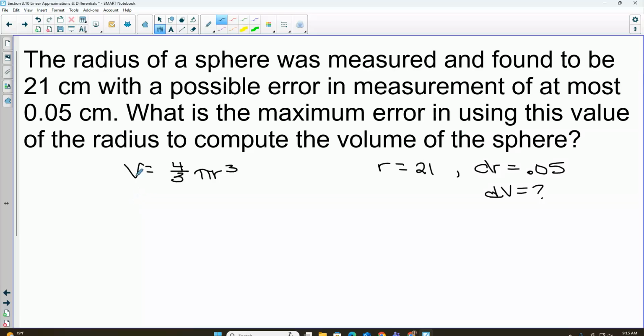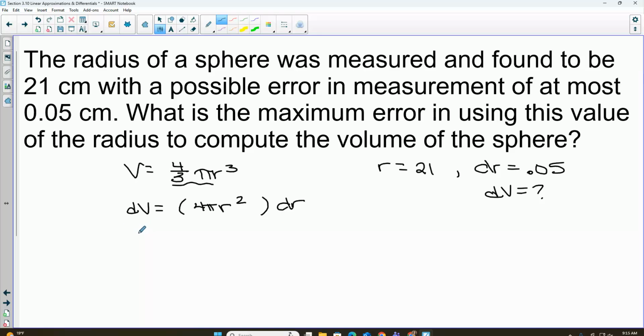You can call this dV/dr when you do the derivative if you want. Since we're talking about differentials, if you just want to go ahead and call it dV and put a dr over here, it's 100% what you guys prefer. Do you guys have a preference? Okay, so is it okay if I just call this dV and then over here I'm going to put a dr on the end? So 4/3 pi, that just represents the coefficient, so 3 comes down, 3 times 4/3 would just be a 4 pi r, subtract 1 from the power, so 4 pi r squared.